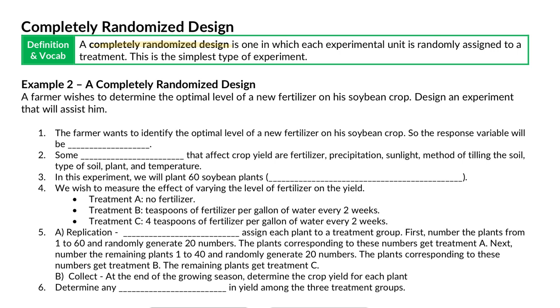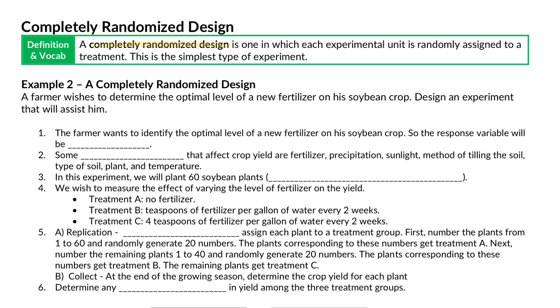A farmer wishes to determine the optimal level of a new fertilizer on his soybean crop. We're going to design an experiment that will assist him. So the first thing we needed to do was identify the problem to be solved. The farmer wants to identify the optimal level of new fertilizer on his soybean crop. So the response variable will be what? What are we looking to study, to see a difference in?